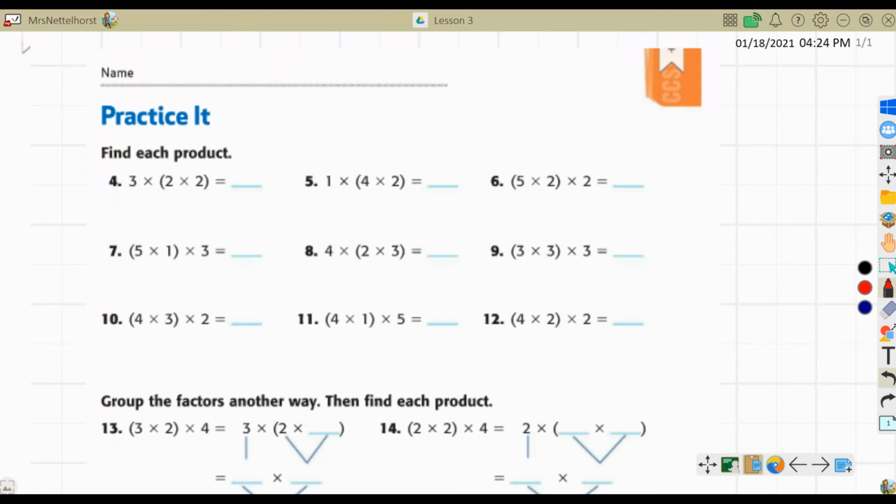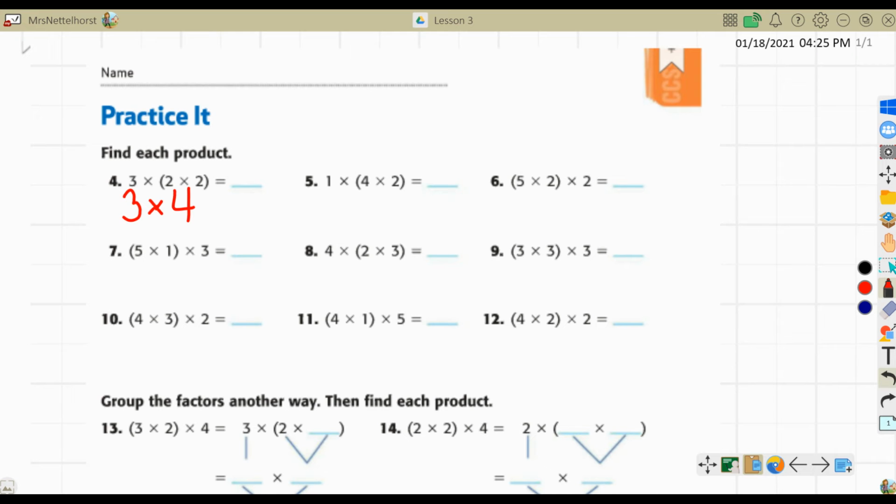So in number 4, it's 3 times 2 groups of 2. Always do what's in the parentheses first. So I know 2 times 2 is 4. So underneath, I'm going to write 4, and then I'm going to bring my 3 times down. And then from there, I'm going to find my product. Okay. Likewise, down here on number 7, it's 5 groups of 1 times 3.